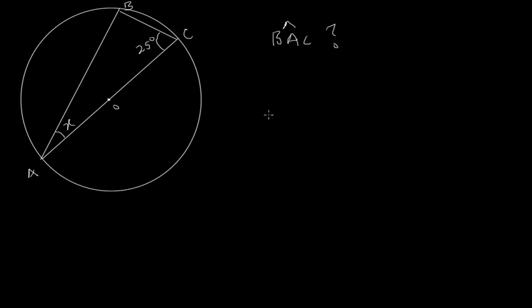Again, when we're dealing with this theorem, as long as you do not understand that angles in a triangle add up to 180 degrees, it will be difficult for you to navigate around this topic. So we have triangle ABC, and the angles in triangle ABC should add up to 180 degrees. So we've got angle BAC, ABC, and BCA.